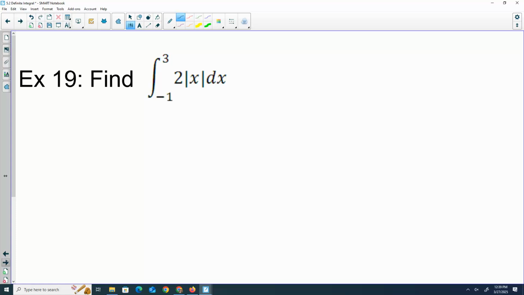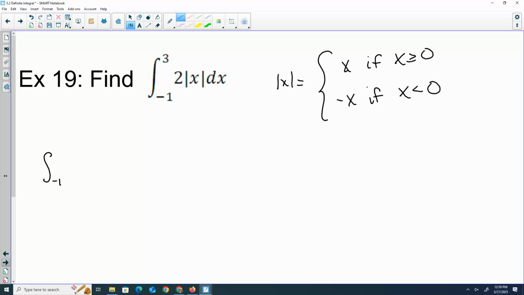So the absolute value of x is just x if x is greater than or equal to 0, and the opposite of x if x is less than 0. So I would need to break this integral up and go from -1 to 0, and then from 0 to 3.